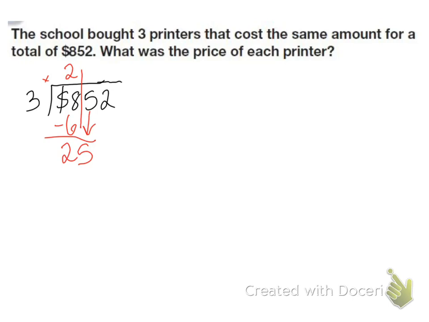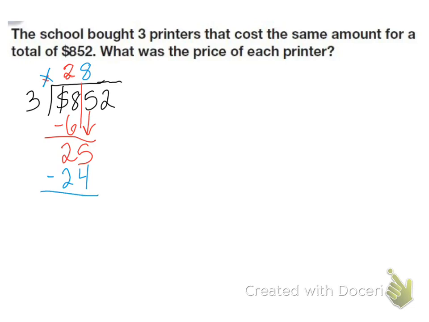Okay. Now I do 25 divided by 3. Well, I know that 3 can go into 25 8 times. And then I do 3 times 8 is 24.